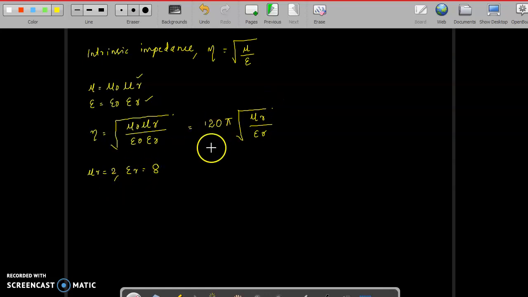If we substitute these values, the intrinsic impedance becomes 125 times square root of 2 upon 8, which comes around 65.